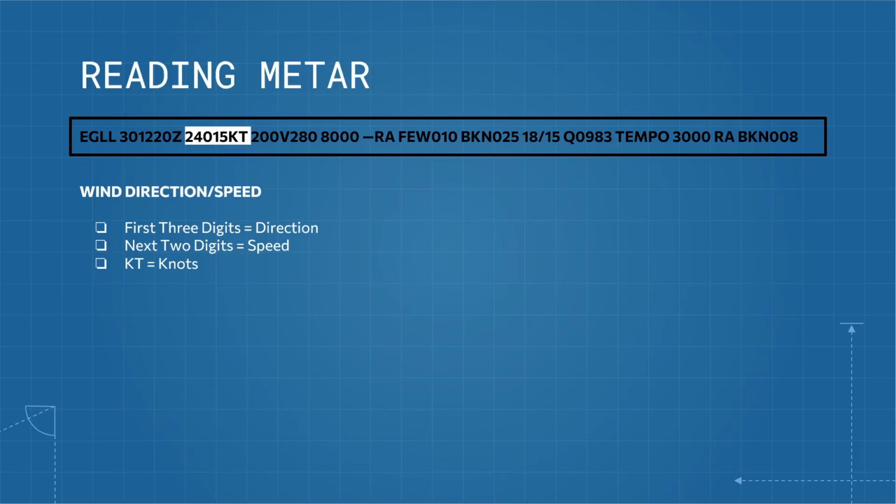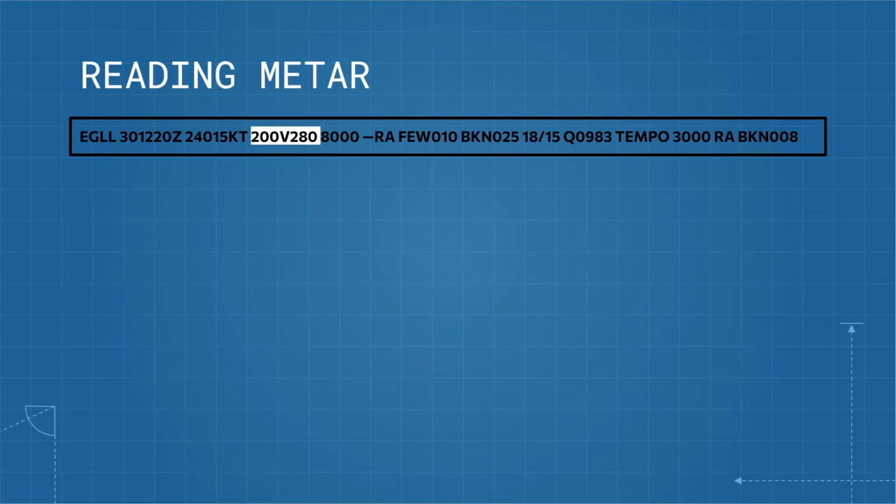If the wind speed is incredibly varied and changeable, the gusting speed of the wind may be given by the inclusion of a G. For example, 24015G27KT means that the wind speed is 15 knots with occasional gusts up to 27 knots.